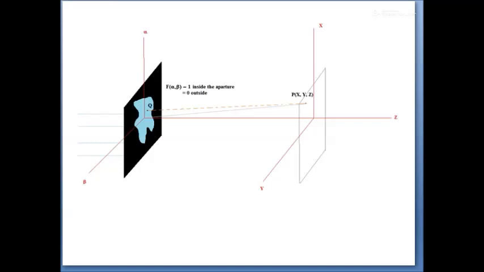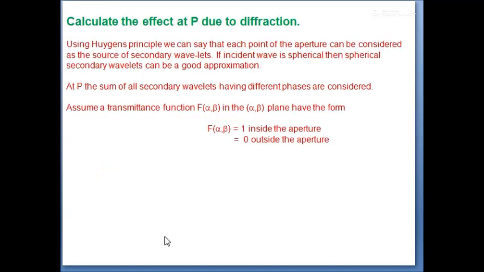Now, what is the effect of all those secondary wavelets at any external point P? I have to calculate that. To calculate that particular effect, we have to use the so-called Huygens principle. And Huygens principle informs us about the nature of the points of any obstacle or opaque region that can generate the secondary wavelet.